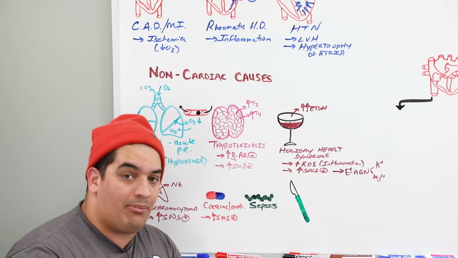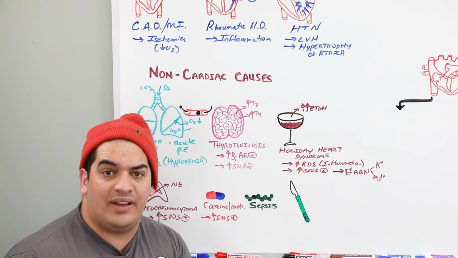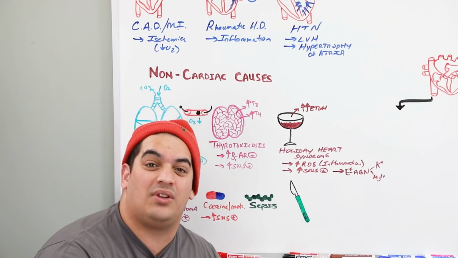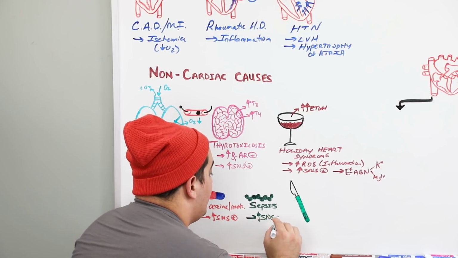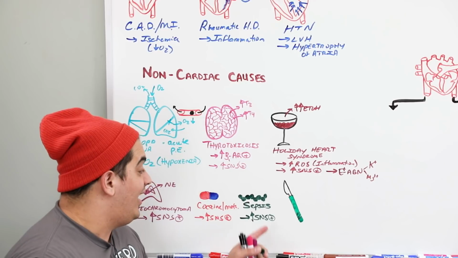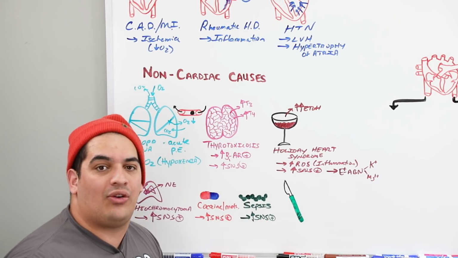When you're septic, your blood pressure drops, you start to become febrile, you start to have a ton of issues. So your body tries to go into fight or flight mode in response to that stressful event. And so sepsis can increase your sympathetic nervous system activity, particularly if someone's going into a hypotensive state. It'll try to increase your heart rate and blood pressure so that you can counteract the negative effects from sepsis.